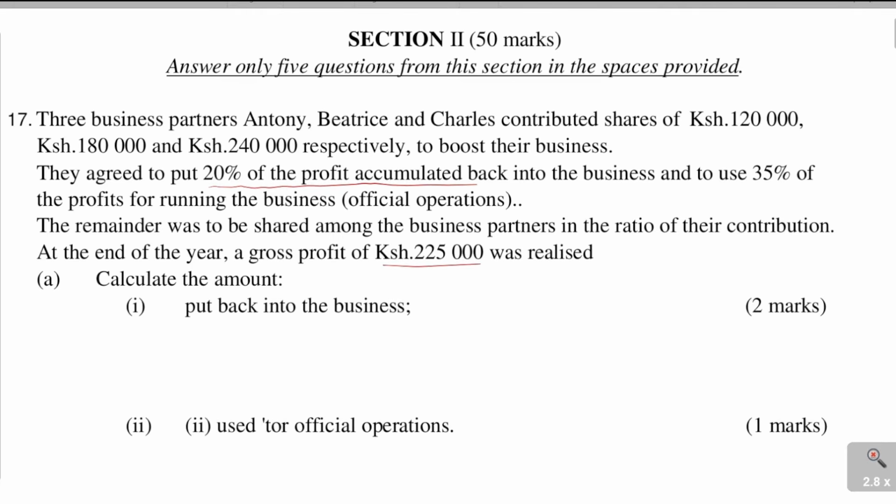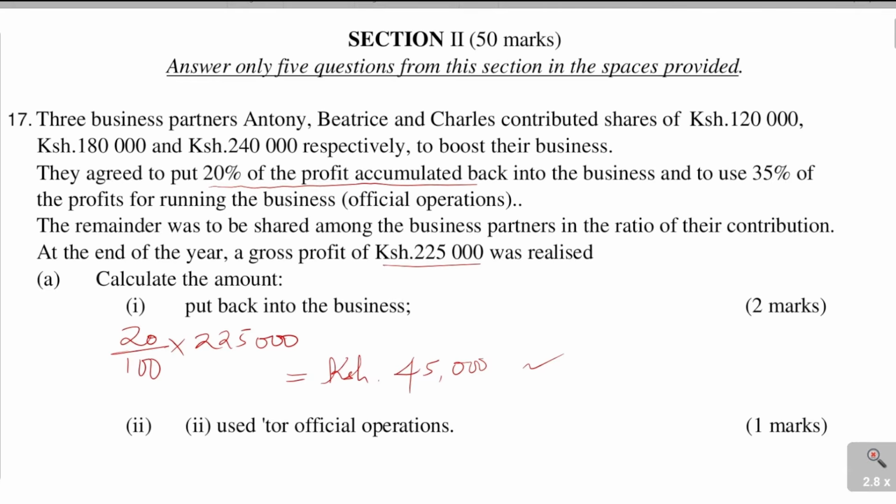It is 225,000. So the amount put back to business will therefore be 20 over 100 times the profit, that is 225,000. When you work this out, this will give 45,000. So that is the amount put back to business.